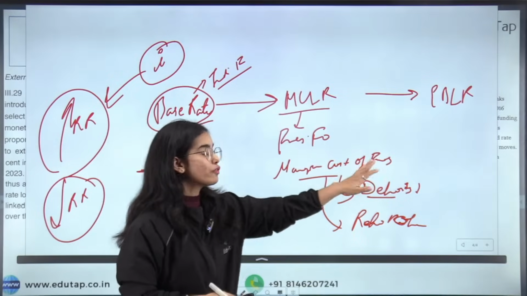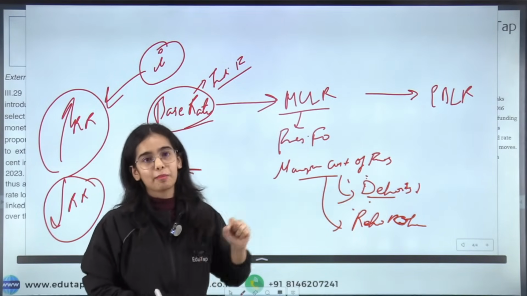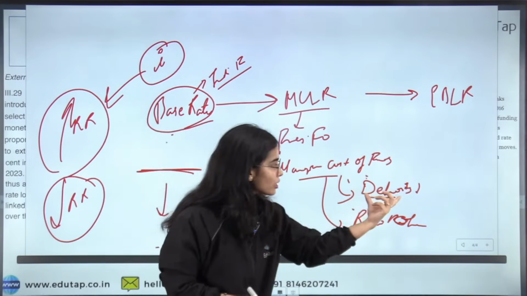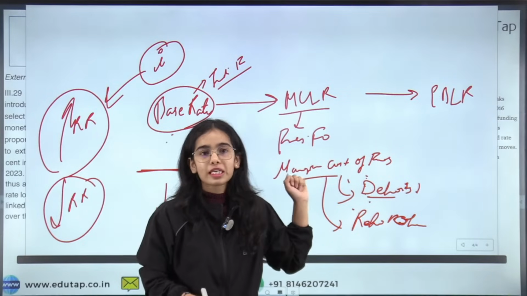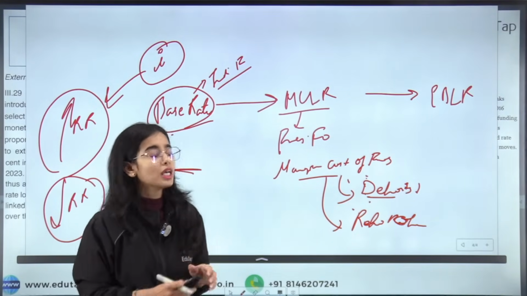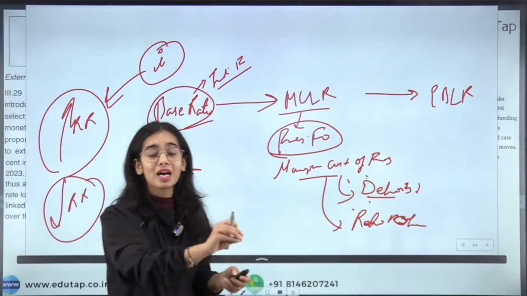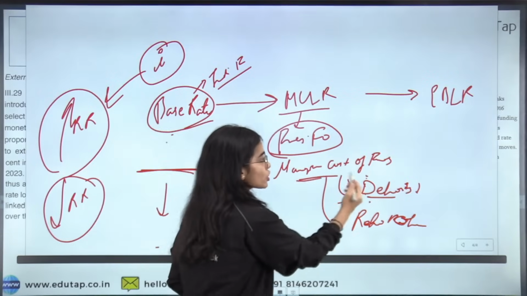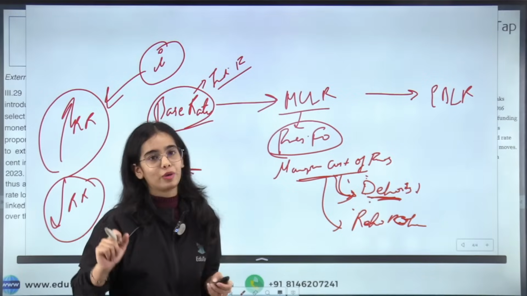So marginal cost of funds. Usually the banks were following the deposit rate instead of the repo rate. The banks were saying that their deposit rates are low, so their cost of funds is low, so we will follow the deposit rate. Again, this kind of formula was not good, because it was a prescribed formula that all the banks had to follow, but their marginal cost of funding especially depended on their deposit rate that used to be very low.